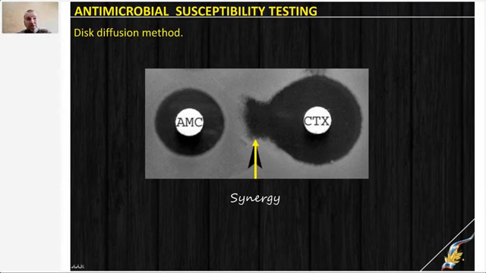And that synergy can be used in medical care. You can see that one drug is enhancing the activity of another. And if you prescribe drugs in combination, you can decrease the dose of every drug, but efficacy will still be the same. So that is one more benefit of the method with the use of discs with antibiotics.